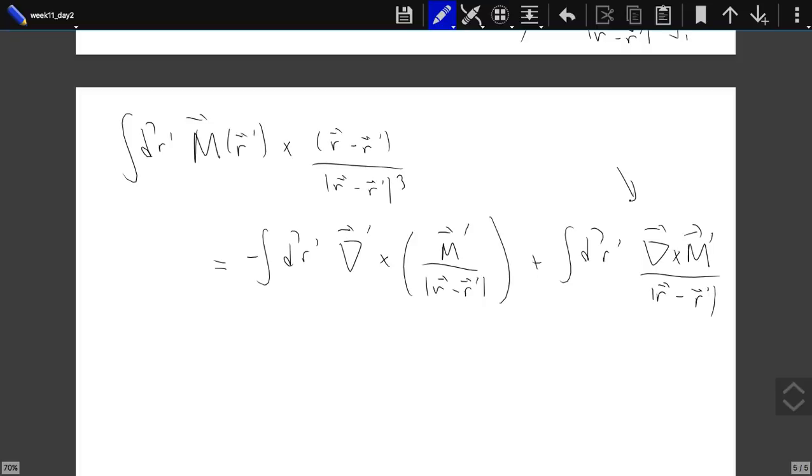Can we convert the integral d cubed r prime of the curl of any vector field into some kind of surface integral?